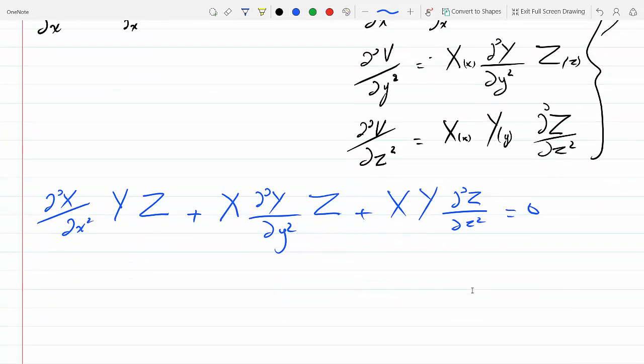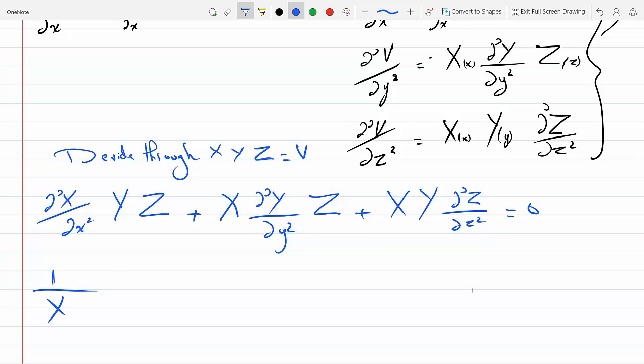And now if I divide this entire equation through by X Y Z, which is V, so divide this whole thing by V, the Y Z cancels out, and I will have left 1 over X d squared X over dx squared.